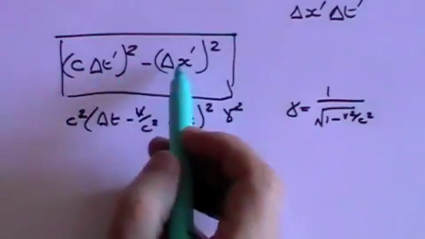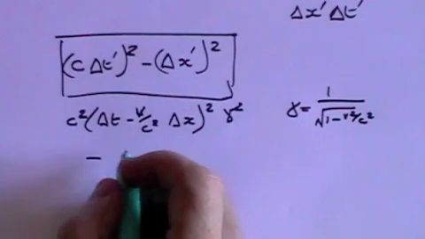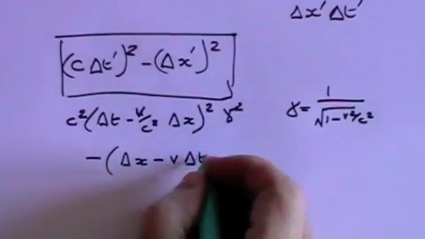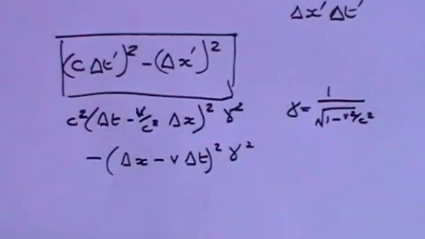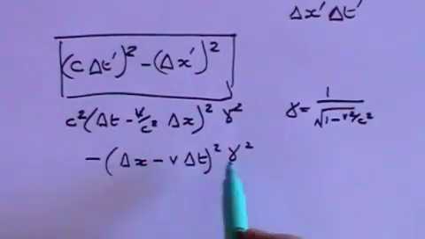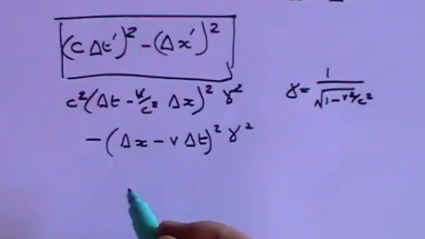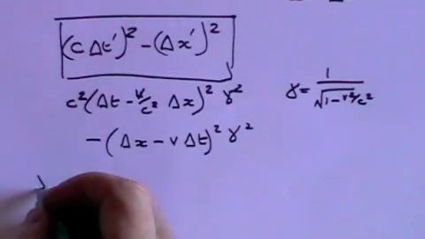This is this. Now I've got to do minus delta x prime squared, which is delta x minus v delta t, squared, times gamma squared. So this equals this. Well, now we have to multiply it all out. This is where it gets a bit laborious, but hang on in there. First of all, we can take the gammas outside to start with.